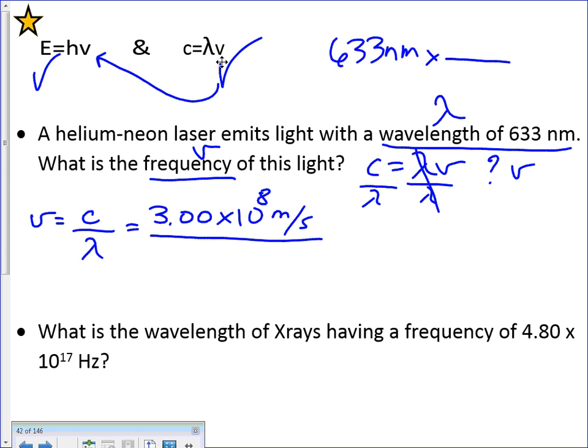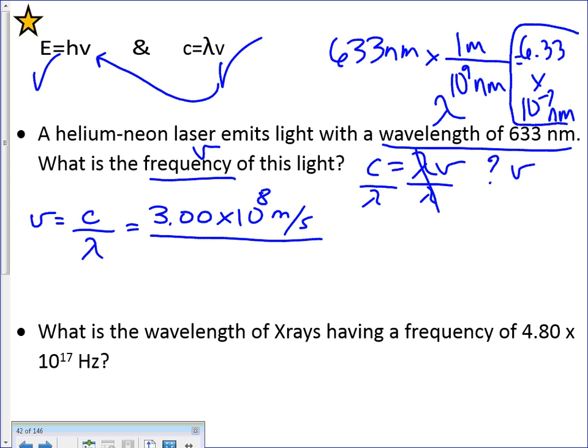So what goes on top? One meter is how many nanometers? 10 to the 9th. So that is 6.33 times 10 to the negative 7th meters. Sorry, I don't know why I put nano. It's just meters.